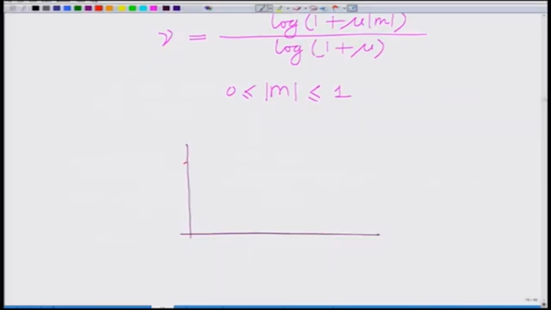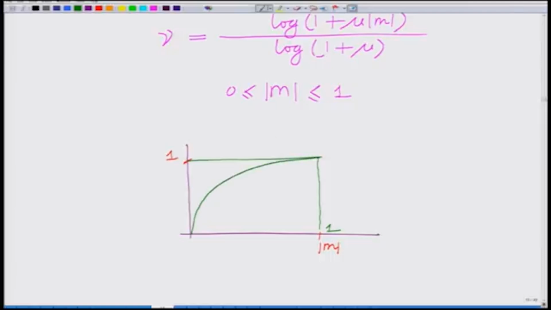Now, we are plotting this for magnitude of m up to 1. Obviously at magnitude of m equal to 1, this is 1, the maximum value. So it basically remaps the magnitude of m lying in the interval 0 to 1 to this interval 0 to 1, and the mapping is the log function. It is a concave mapping which is given as follows.